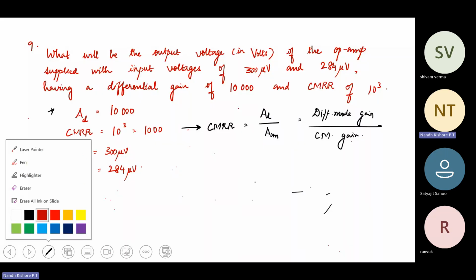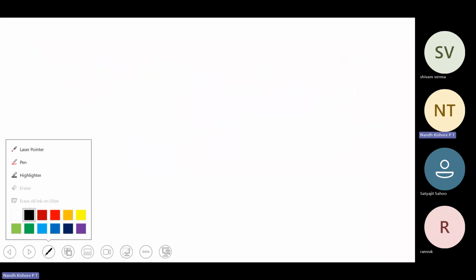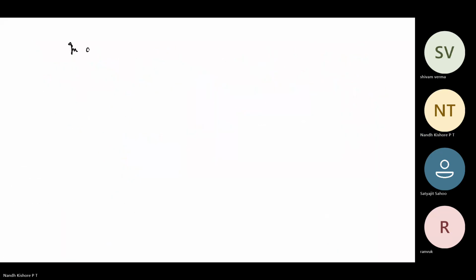From this, the question is find the output voltage V0. You know that in any op amp, the output voltage is given by AD VD plus ACM VCM. Agreed? Is this fine?